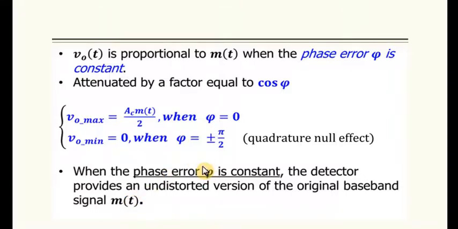Phi is the phase difference between the local carrier at the receiver and the signal at the transmitter, which is represented in the modulated signal S of t.